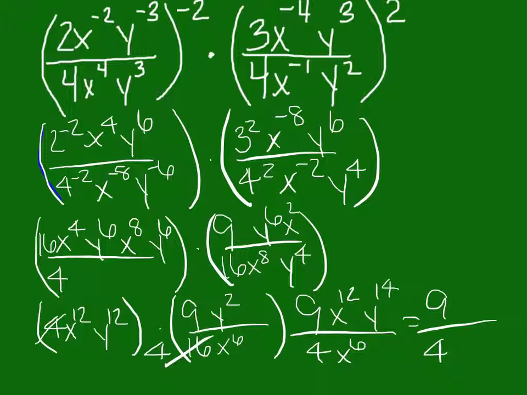You have no y's on the bottom, so the y's stay on top. And your x's, you have 12 on top and 6 on bottom. So there's 6 more on top than there are on the bottom. So it's 9x to the 6th, y to the 14th over 4.